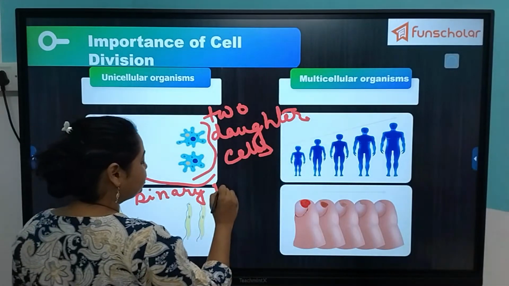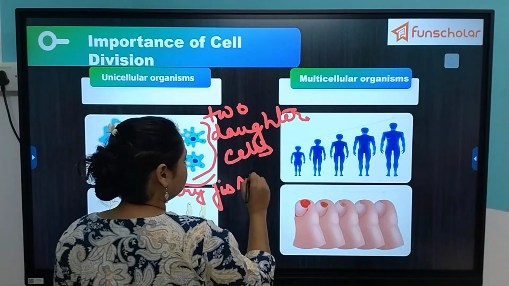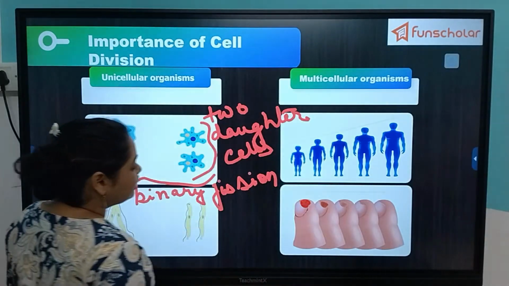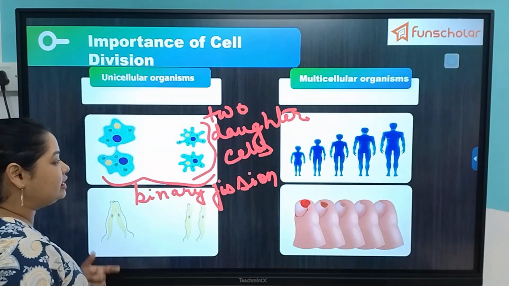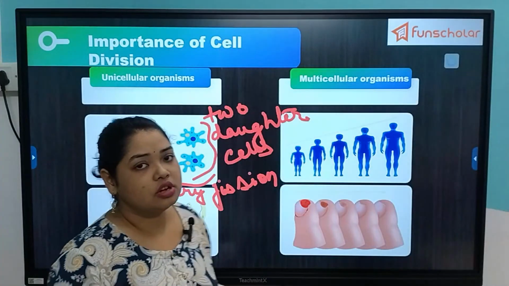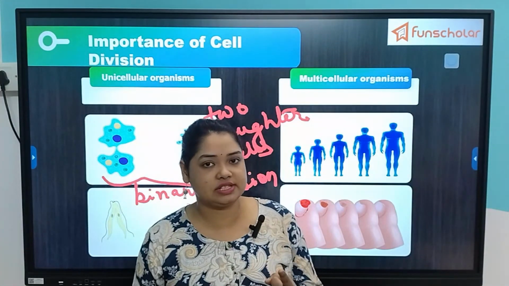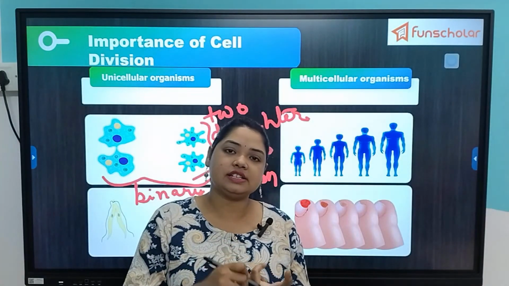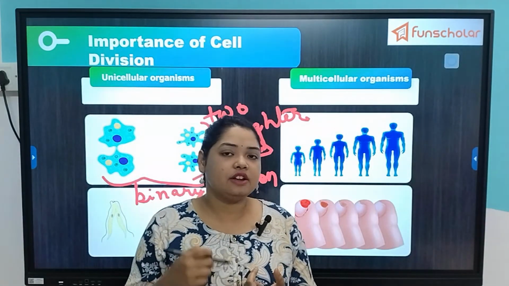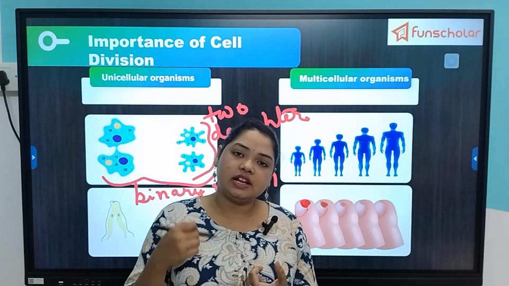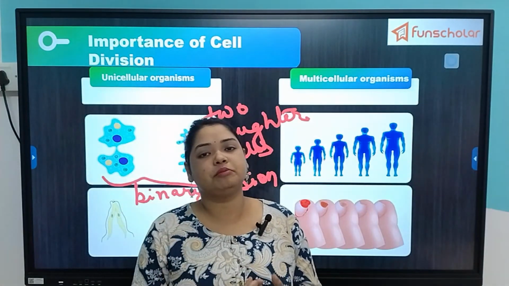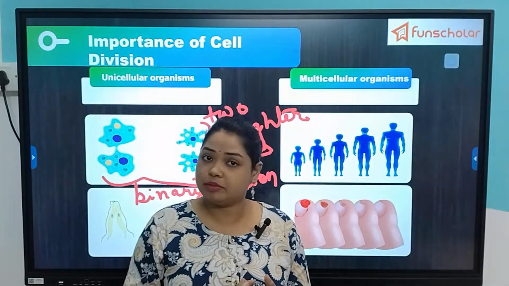Binary means two and fission means division, right? So that is a simple type of cell division and also reproduction, because in case of unicellular organisms there is only one cell. So if the one cell divides and forms two daughter cells, then obviously the cell number as well as the organism number both are increasing simultaneously.